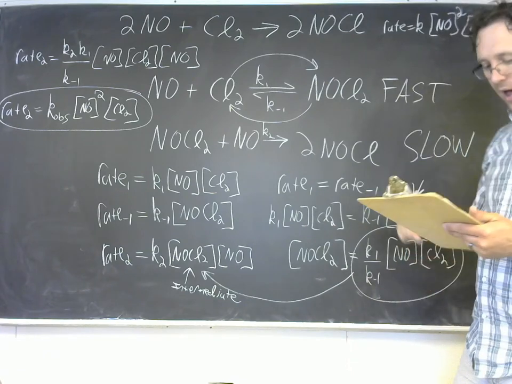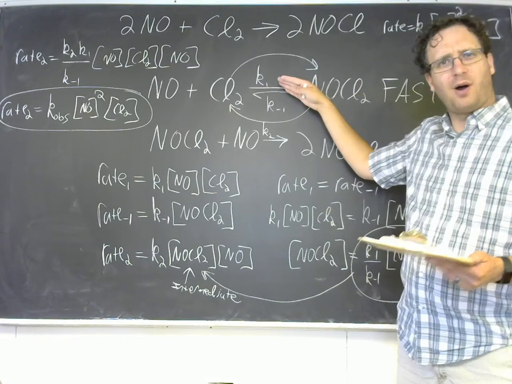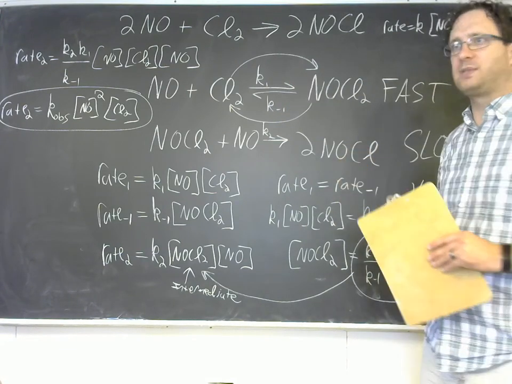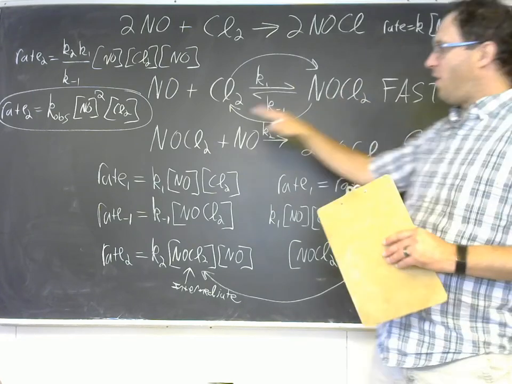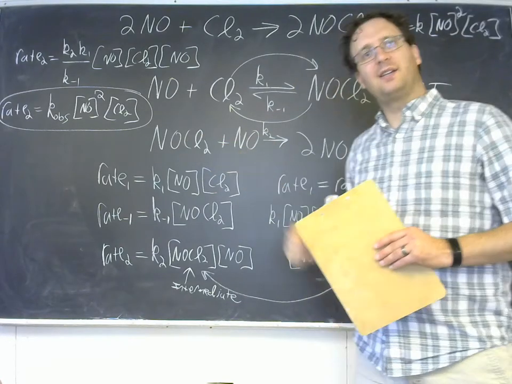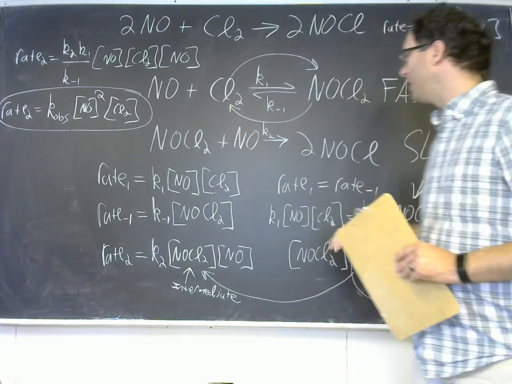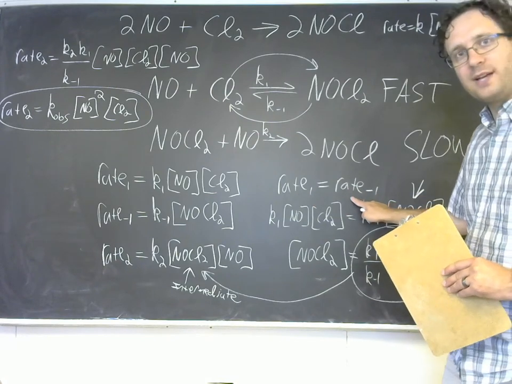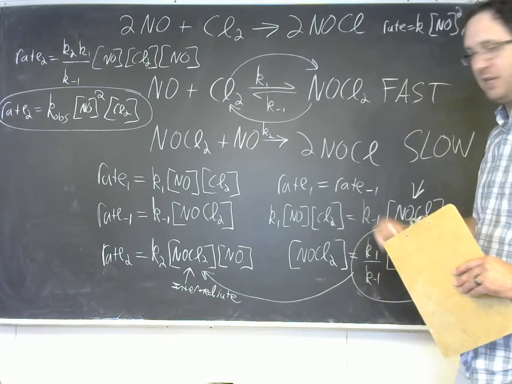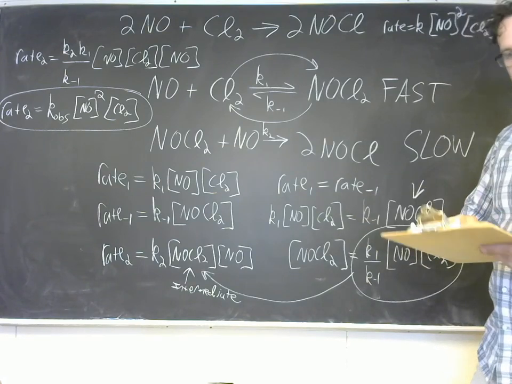We'll see these mechanisms frequently where there is an equilibrium on one of the steps, and your slow step is going to involve an intermediate in its rate law. And so we solve for the intermediate concentration using the equilibrium condition, that the forward and reverse rates in that equilibrium step must be equal to each other. So that's all pretty common.